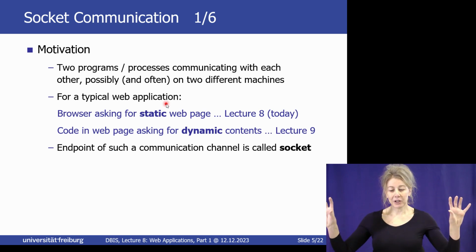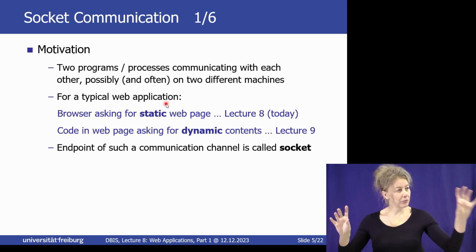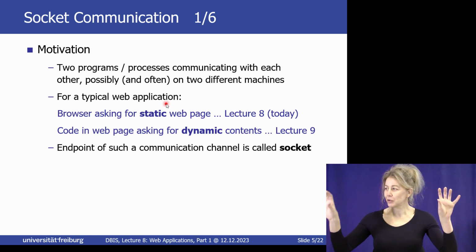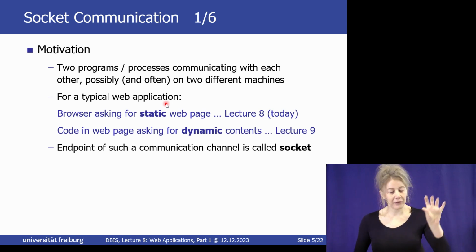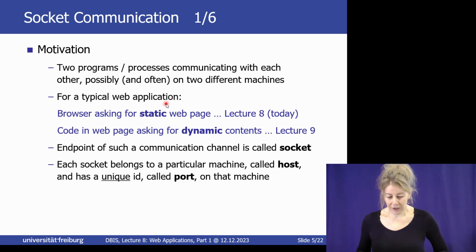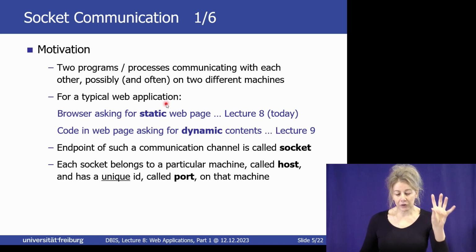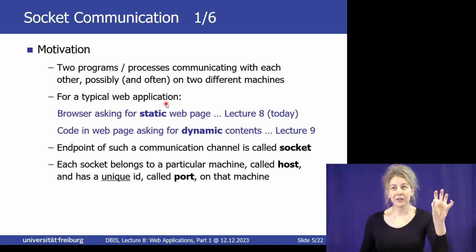So you have this machine-to-machine communication, 2 endpoints, like 2 people talking, then the people are the endpoints. The endpoints are called sockets. On each machine you have a socket. And each socket belongs to a particular machine and also has a unique ID, because that machine at the same time can talk to a lot of things.